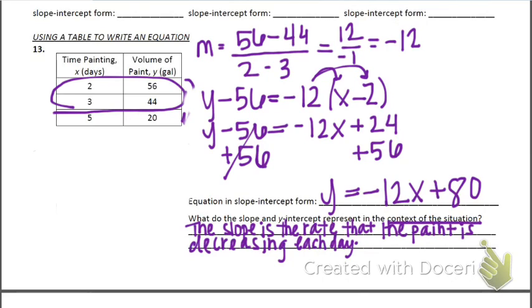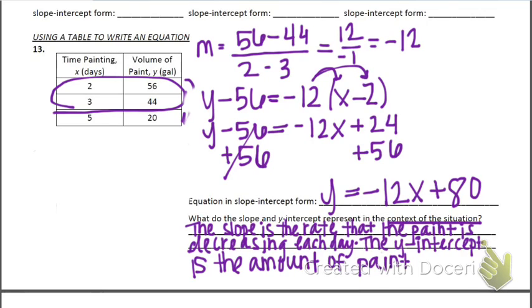What does the plus 80 mean? Melly? Exactly. The y-intercept is where x equals 0, right? So no days have passed. So 80 is the amount of paint that we started with. So the y-intercept is the amount of paint we started with.